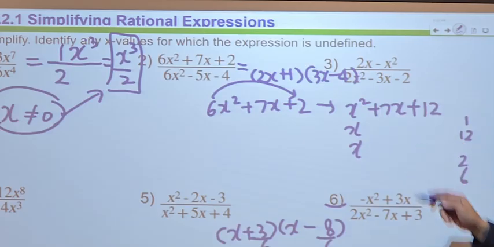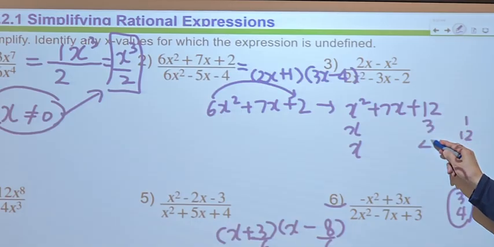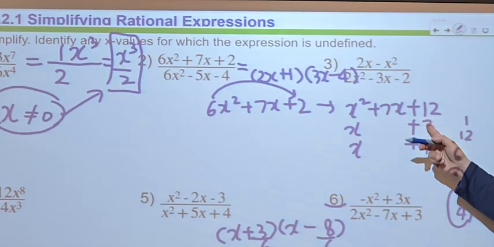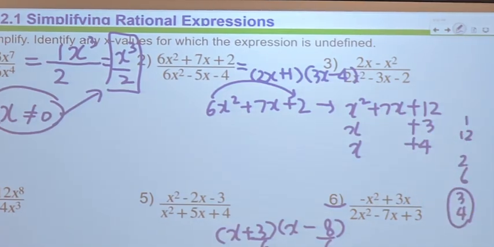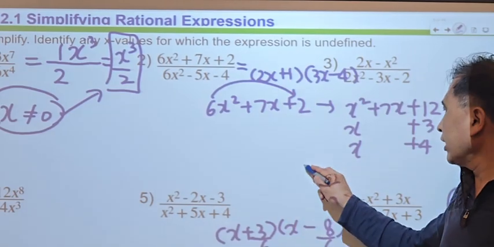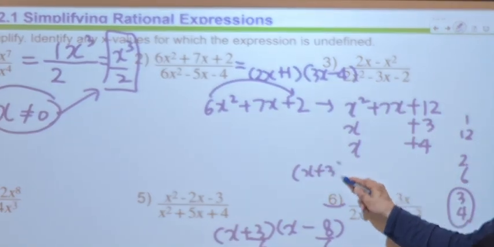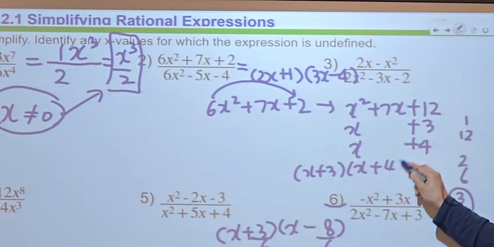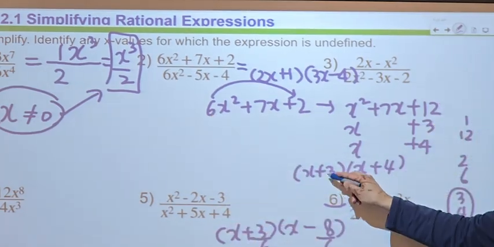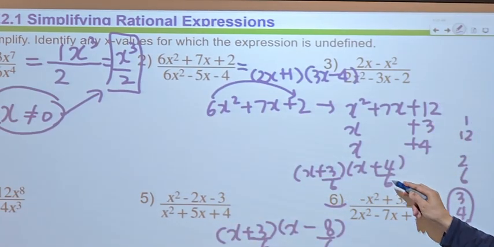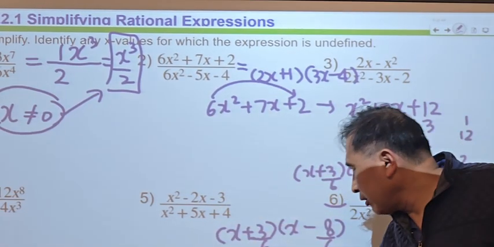The sum should be 7. This is 8. But 3 and 4, that's good. The sum is 7, right? Then 3 and 4 here. Both plus because we're adding to get plus 7. Got it? So I can factor x plus 3, x plus 4. Because I multiplied by 6 here, I divide these two numbers by 6, right?